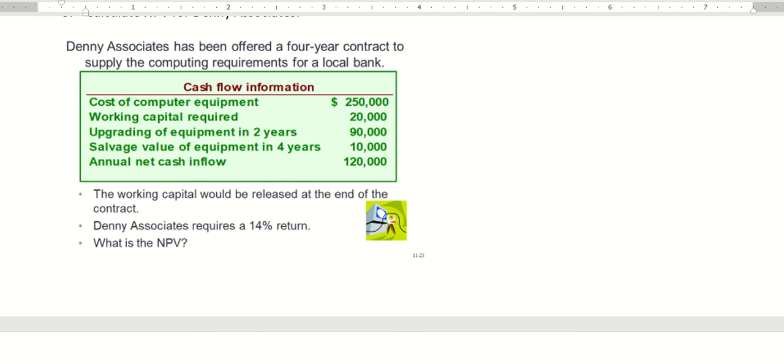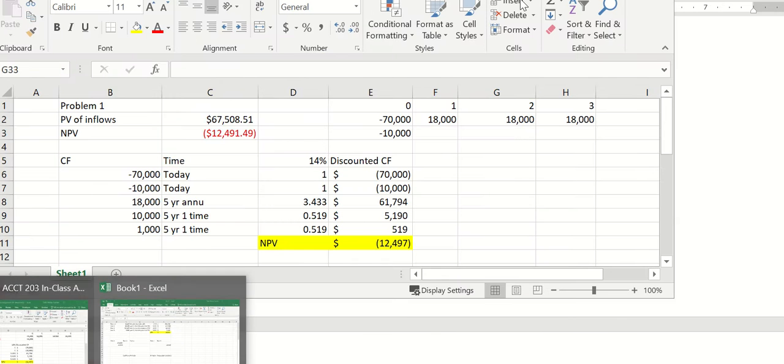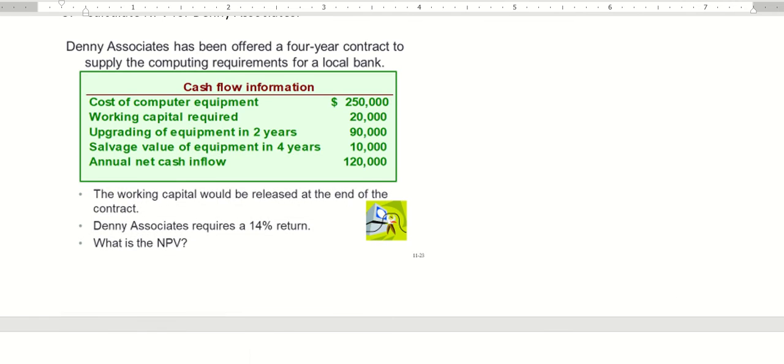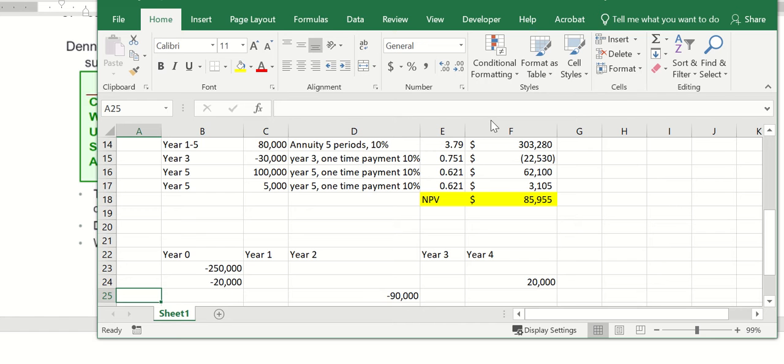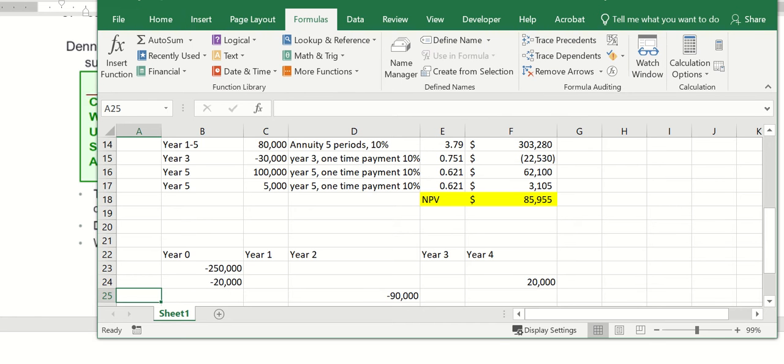So $90,000 at 2 years would be your outflow. Maybe I'll put it in a new row, $90,000 upgrade, and maybe I can move this so you can see it better.